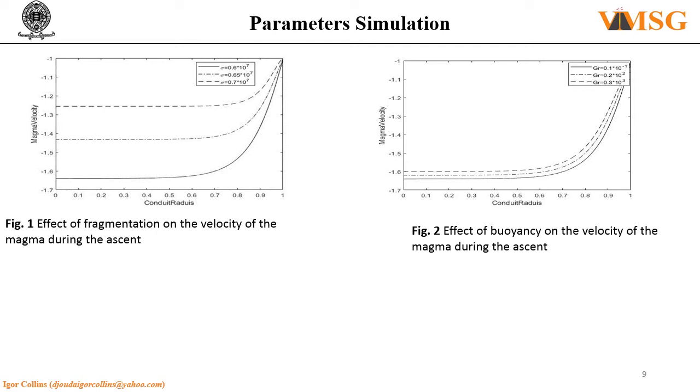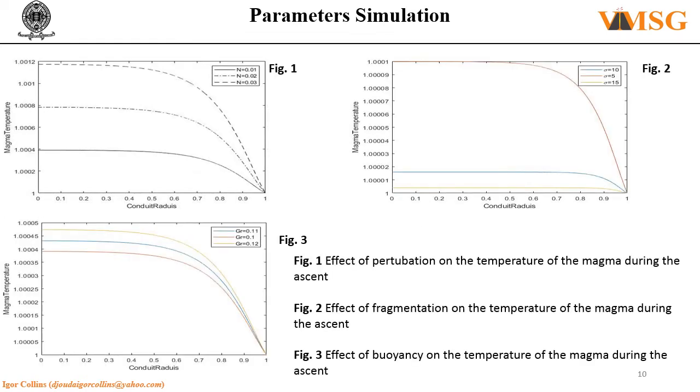Figure 1 represents the effect of fragmentation on the velocity during the ascent. We can see that when the rate of fragmentation increases in the conduit, magma velocity also increases. In figure 2, we have the effect of buoyancy on the magma velocity. When buoyancy increases in the conduit, magma velocity also increases. In this slide, we have the simulation of magma temperature.